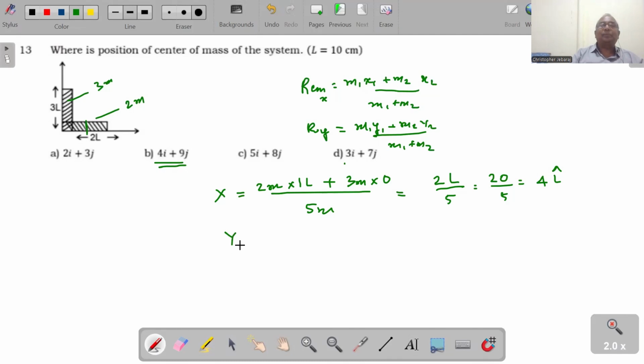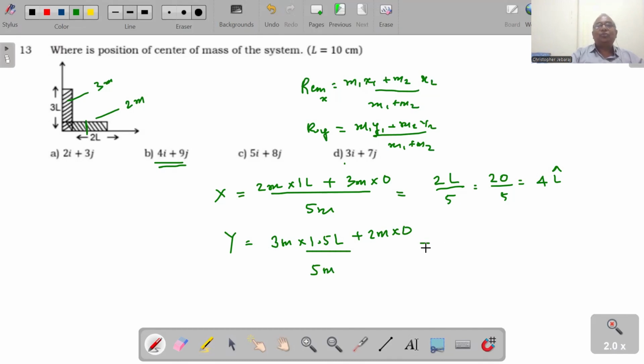Similarly, let's do the y axis. Similarly m1 along the y axis, only this concept. Here the mass will be 3m into its position, the center position of the total length 3, so 1.5L, plus this 2m, but its y coordinate is 0, by total mass 5m.